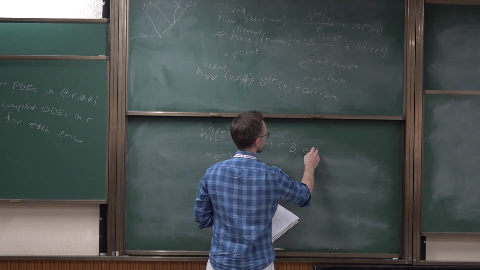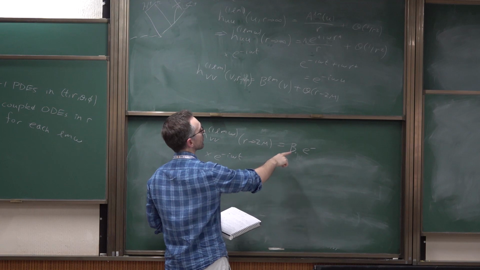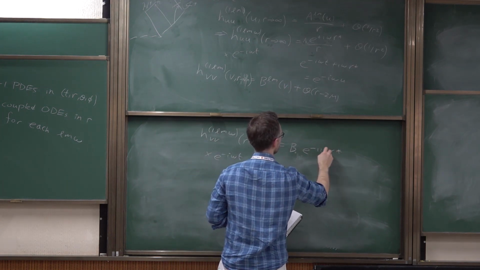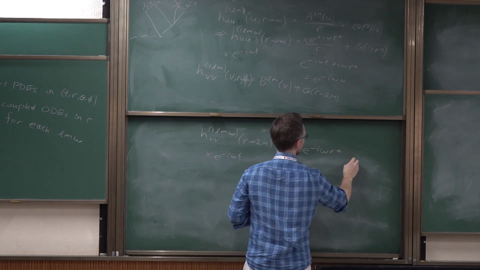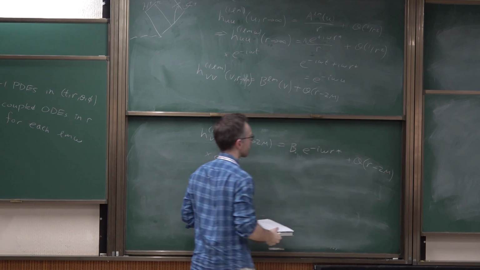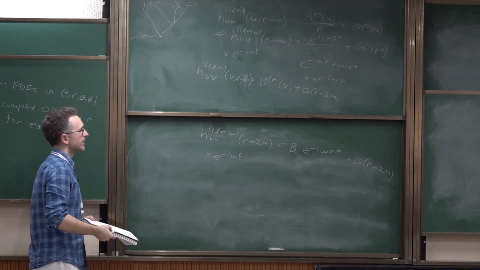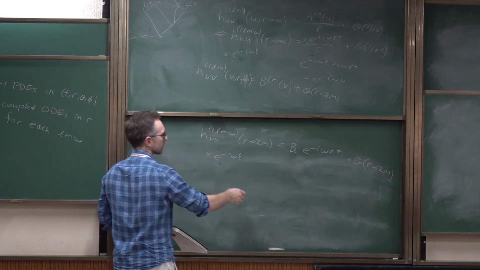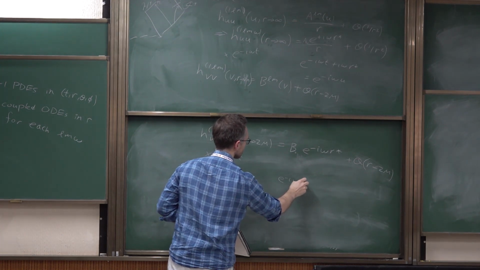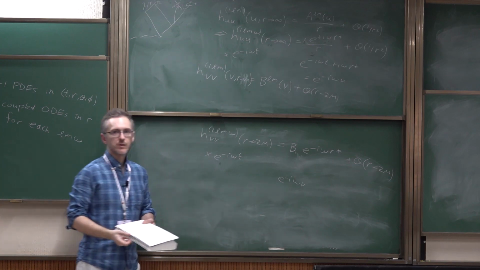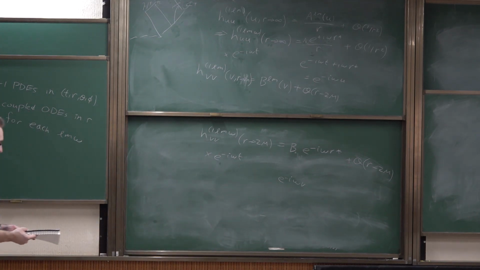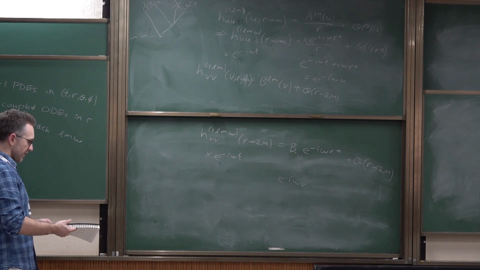So to do that, it's the same idea, except now with a minus sign rather than the plus sign that we had there. Plus things of order r minus 2m. So once I multiply by this, I get e to the minus I omega v, which is a nice smooth function along the horizon.